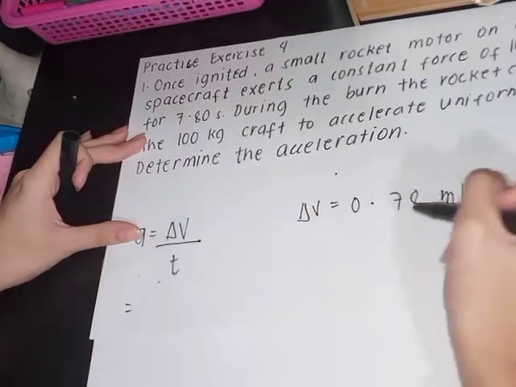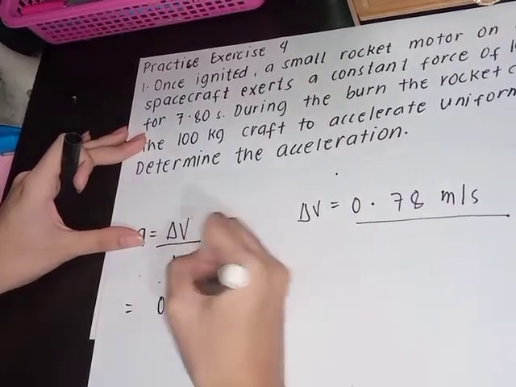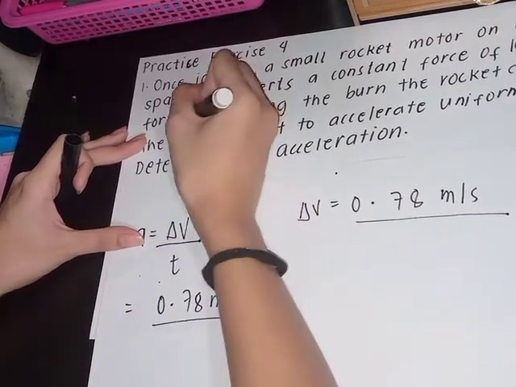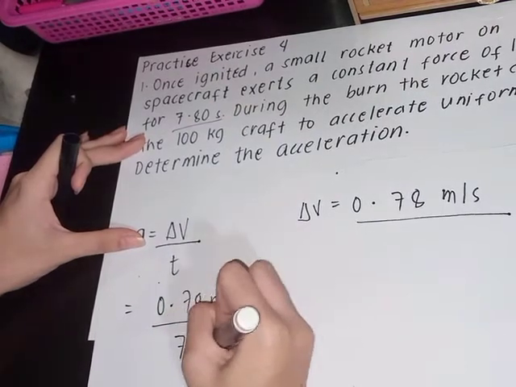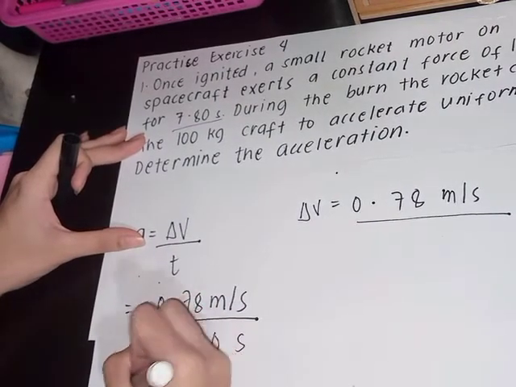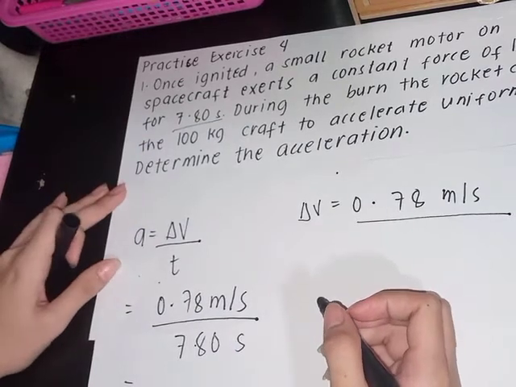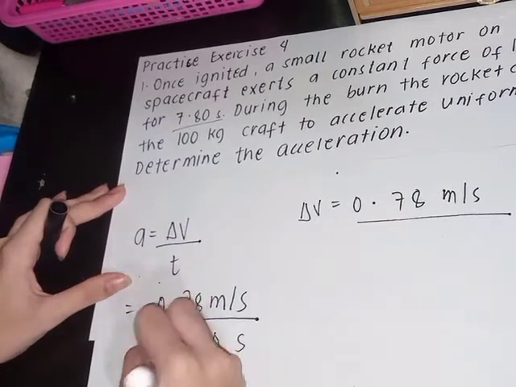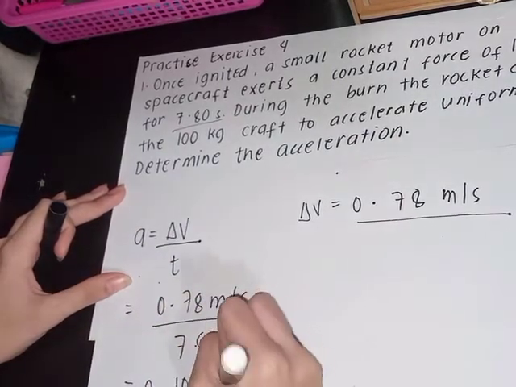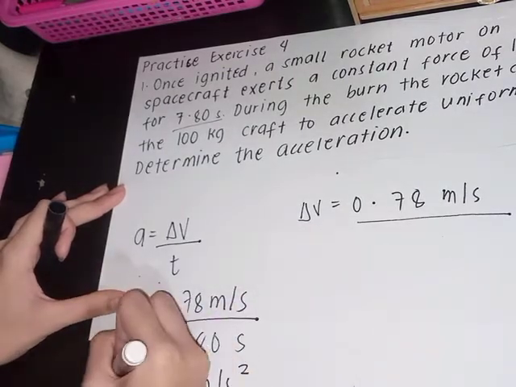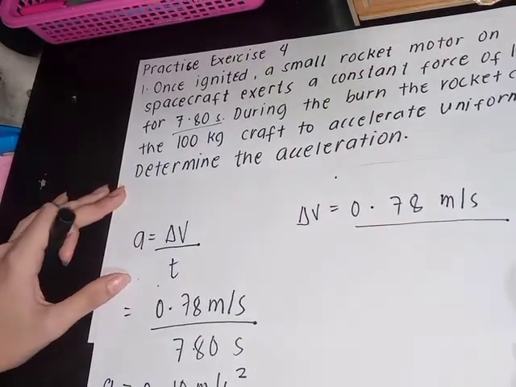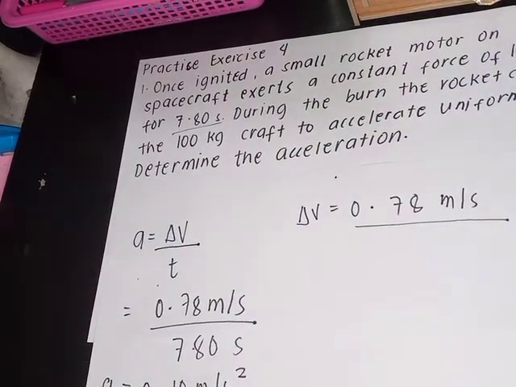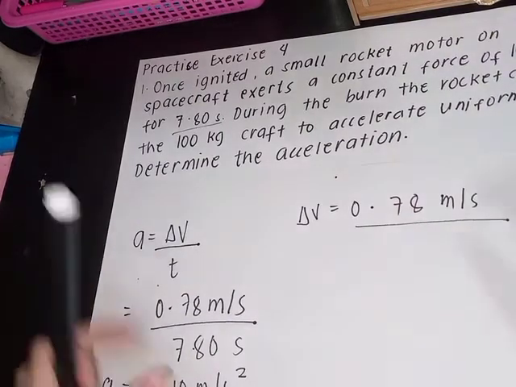Changes in velocity is equals to 0.78 meter per second, and then yung time andito sa given, which is 7.80 seconds. So 0.78 over 7.80 is 0.10 meter per second squared. So we have the acceleration of 0.10 meter per second squared.